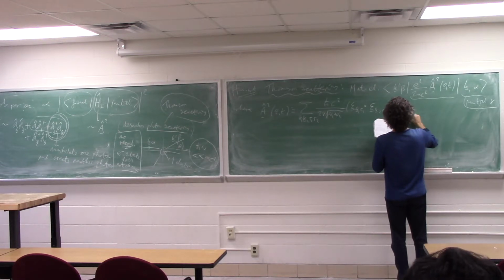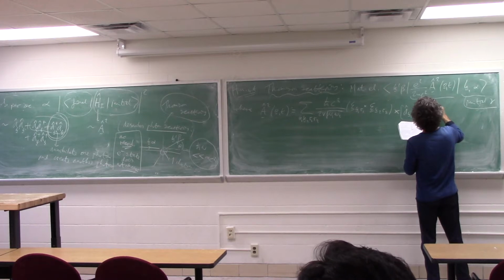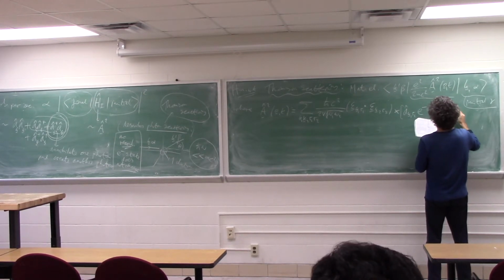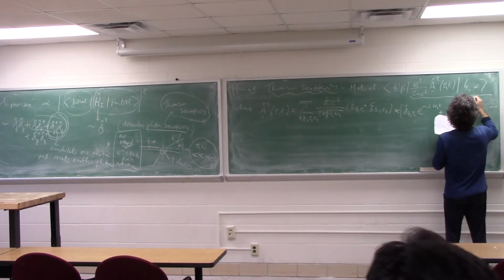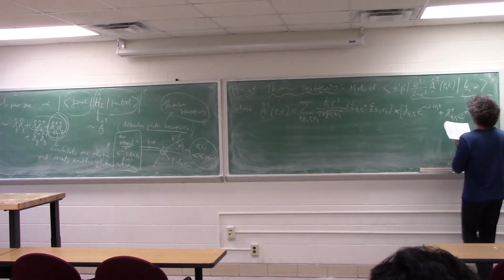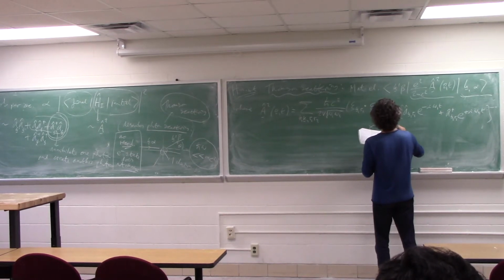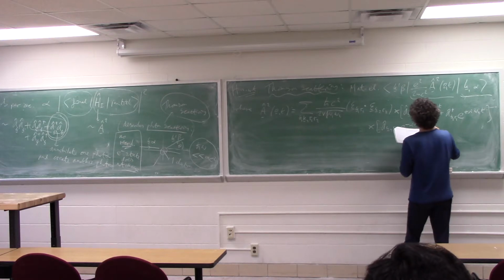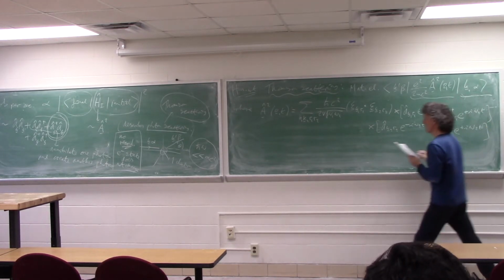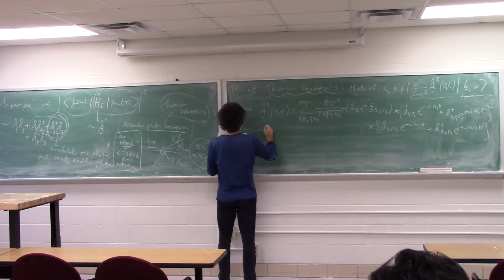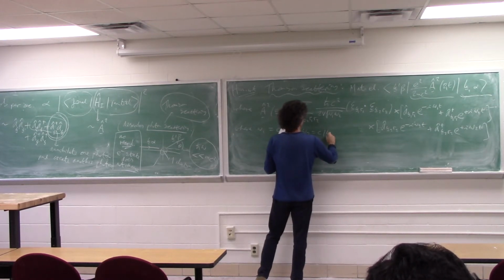We have a hat k1 r1, an annihilation operator, e to the minus i omega 1 t plus a hat dagger k1 r1 e to the plus i omega 1 t, times another term, a k2 r2 e to the minus i omega 2 t plus a hat dagger k2 r2 e to the plus i omega 2 t, where of course omega 1 is c, I'm putting in c's, the modulus of k1, omega 2 is c times the modulus of k2.